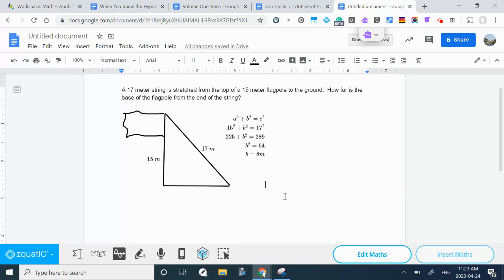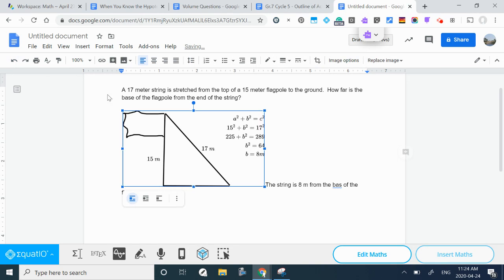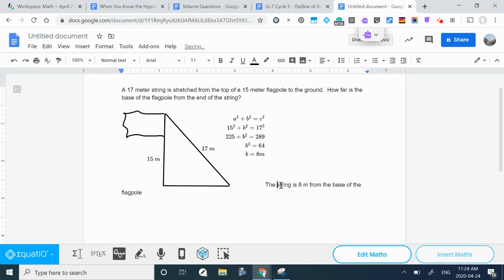And then you can write your answer. The frame is 8 meters on the base of the, oh, that was the wrong button, on the base of the flagpole.